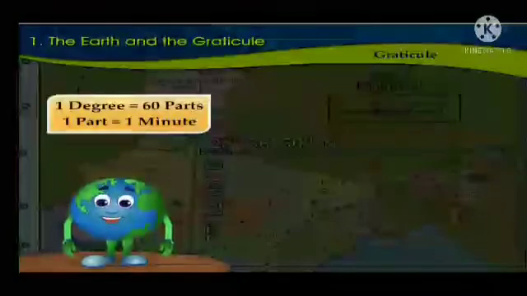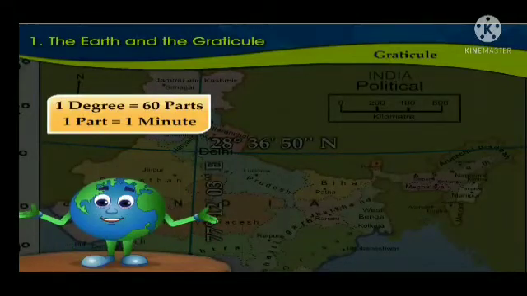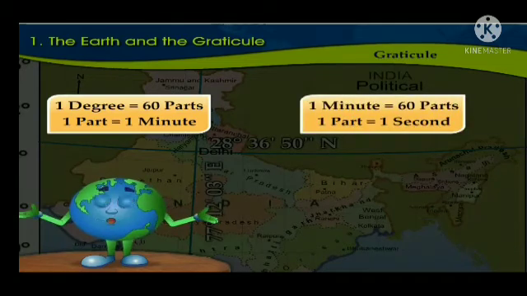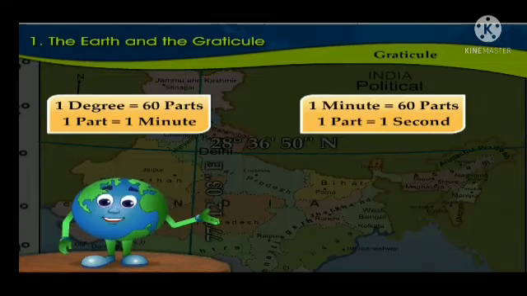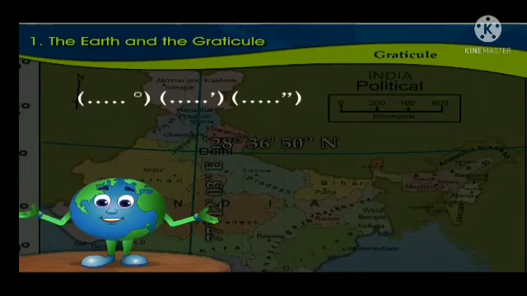A degree is divided into 60 parts, and each part is 1 minute. Similarly, a minute is divided into 60 parts and each part is 1 second. These values can be shown by the following symbols: degrees, minutes, seconds.